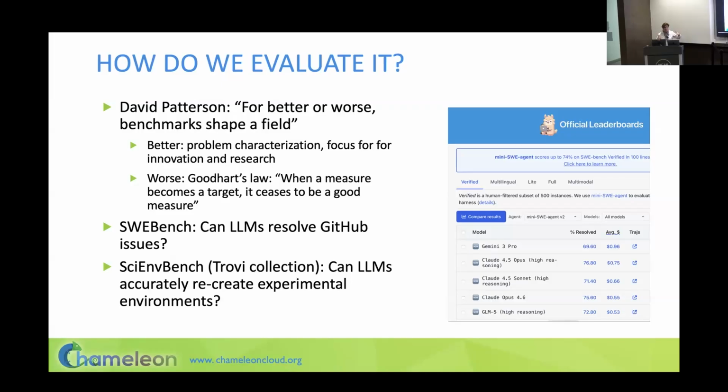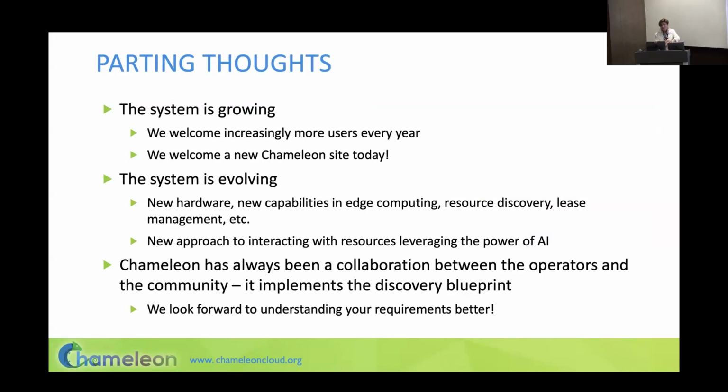So this benchmark is GitHub issues that evaluate Claude Code, that evaluate AI that codes. And this is their leaderboard here, from a few days ago, with unsurprising results. So really the Trovi collection is another form of such a benchmark that evaluates how well an environment has been configured on Chameleon.